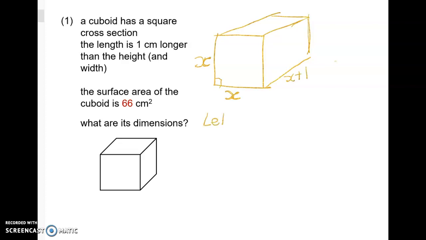Okay, and if I were doing that really nicely, I'd say let the width be x centimetres. So what can I say about the surface area? Well, the surface area is equal to the following.